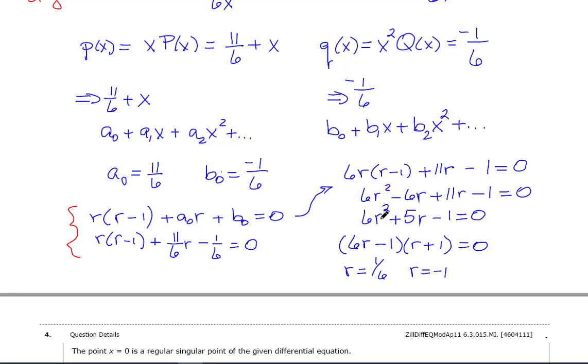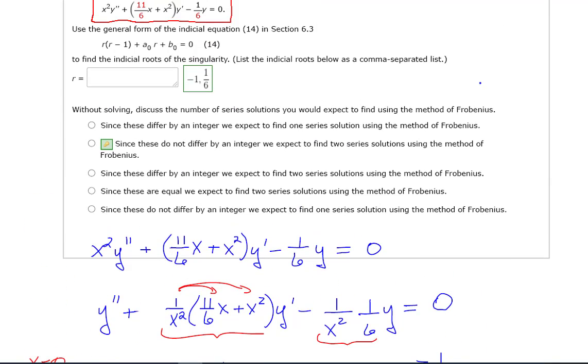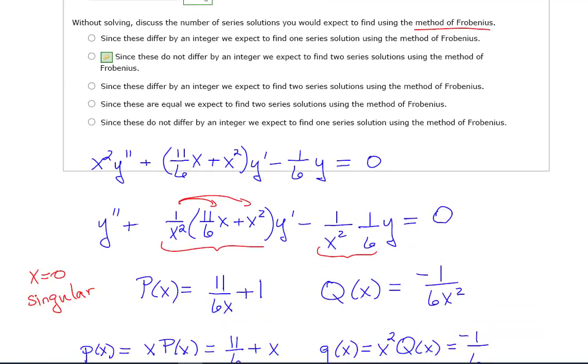So simplifying that, we get something that is factorable, and r is 1/6 and minus 1. So these do not differ by an integer. So if you go back up to the second part of the question, without solving, discuss the number of series solutions we expect to find by the method of Frobenius. All right, so since they do not differ by an integer, there will be two series solutions using the method outlined in section 6.3 by Frobenius.